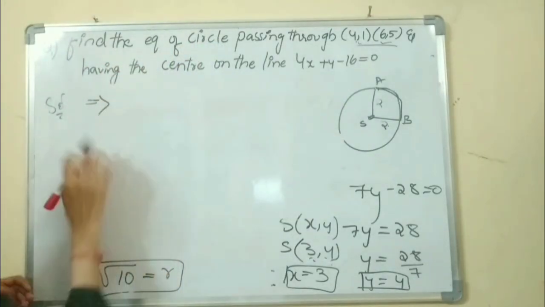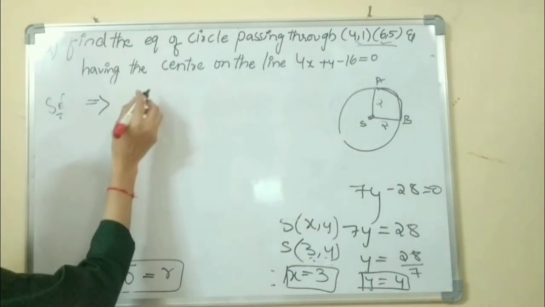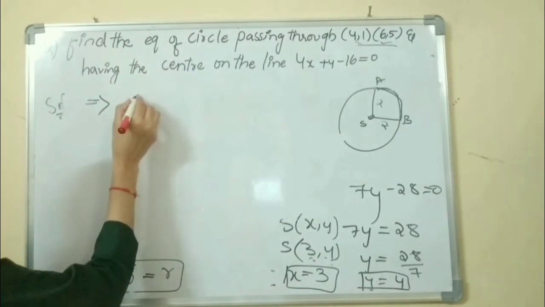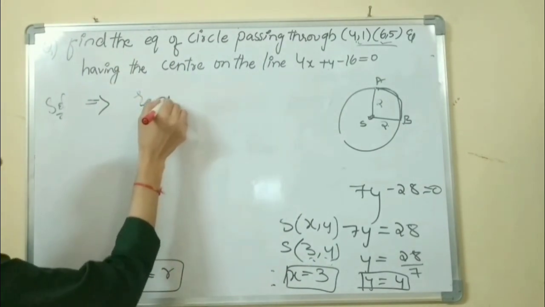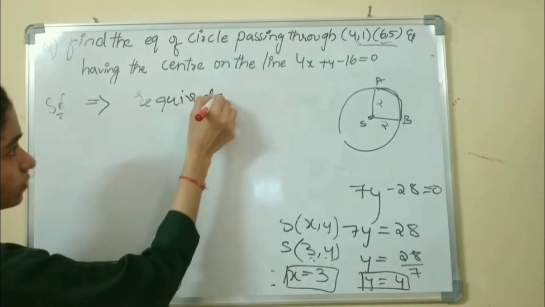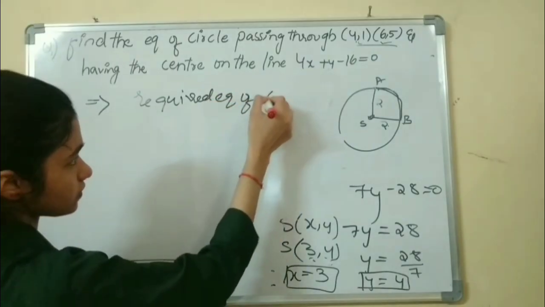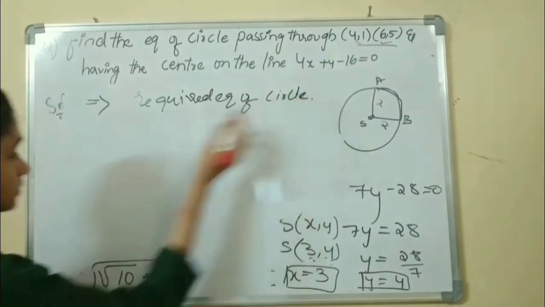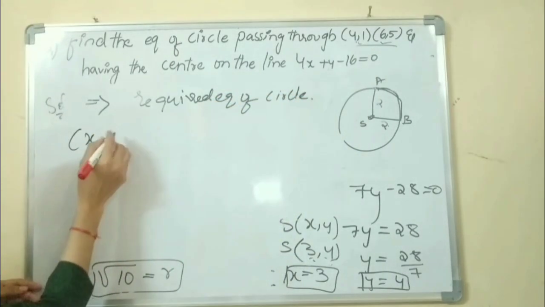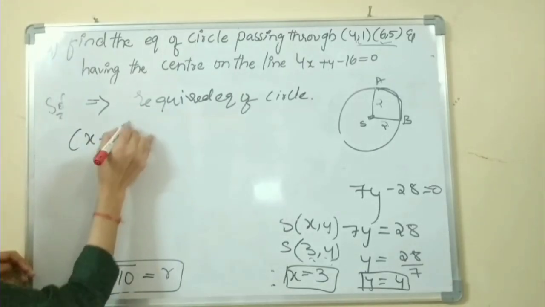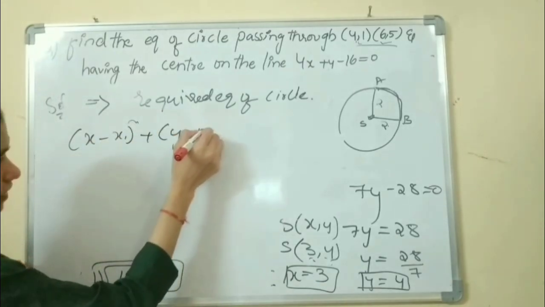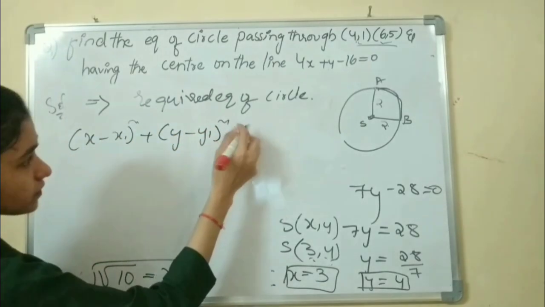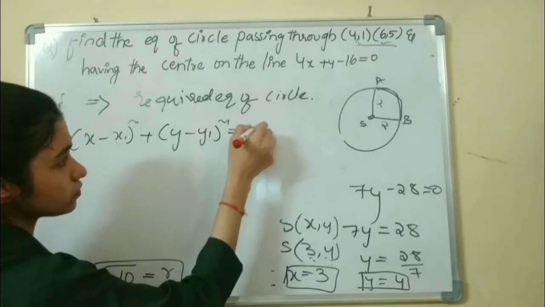So the required equation which we can use in this particular sum is, I'll write it, the required equation of circle is x minus x1 whole square plus y minus y1 whole square equals r square.